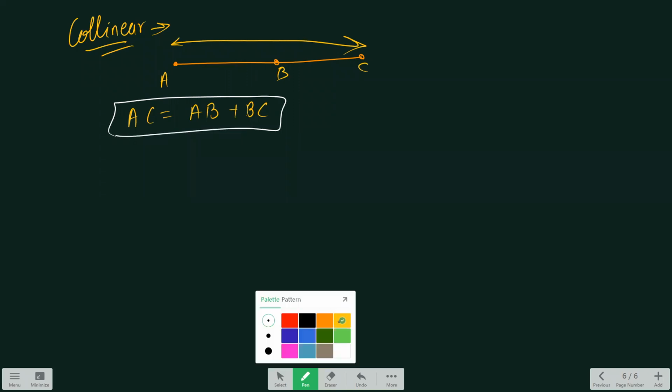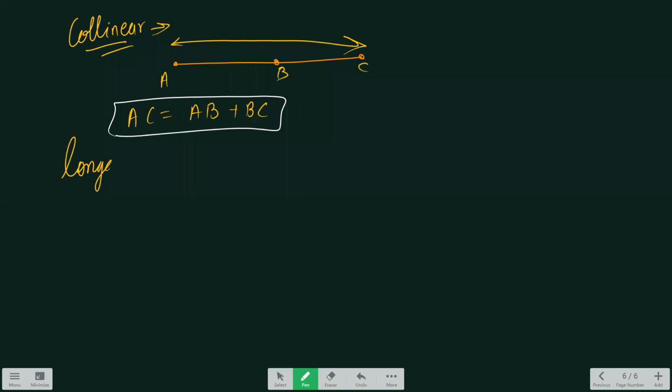And if the points are changed, the extended form of the rule is: longest distance is equals to sum of other two distances. Okay, longest distance equals to sum of other two distances. This is the actual formula.